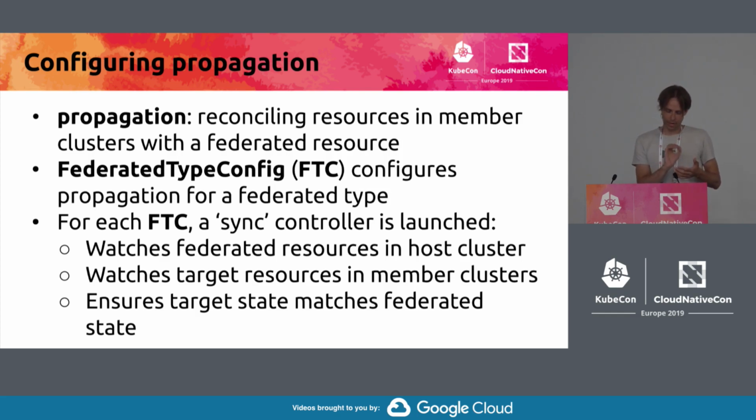If an FTC exists, we have a controller that creates a sync controller that then watches all of the member clusters for the configured target resource and watches the host cluster for the configured federated resource. And then it can make sure that the state of the federated resource is represented in the member clusters.